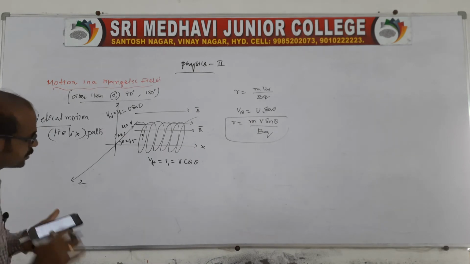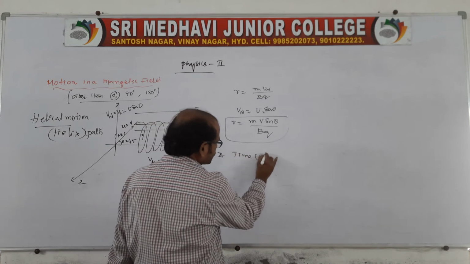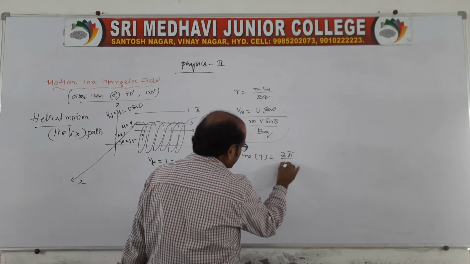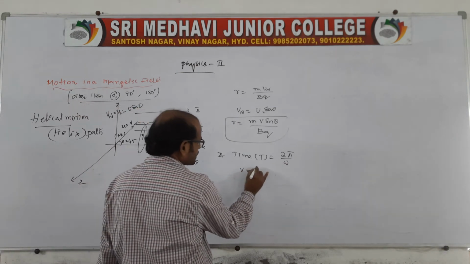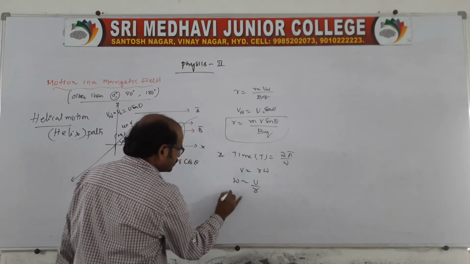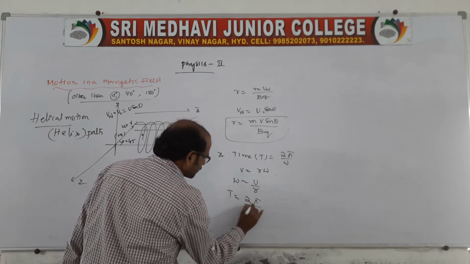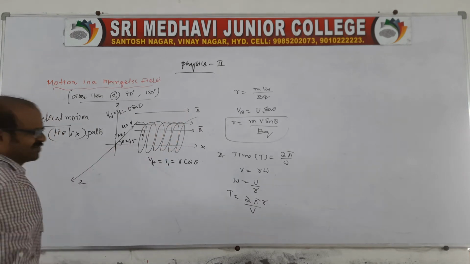Now here we need to find the time period. Time period for this motion is 2 pi by omega, right? But omega we can take from V is equal to r omega. From that, omega is equal to V by r, you write. So time is equal to 2 pi by V into r. So what is r? Of course we know r is m V sin theta by bq.